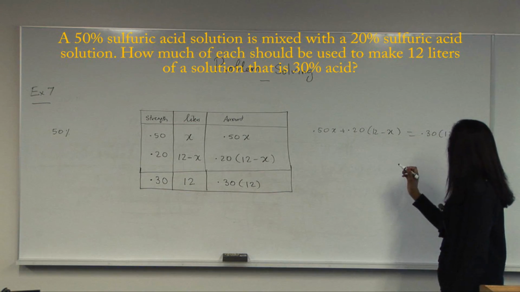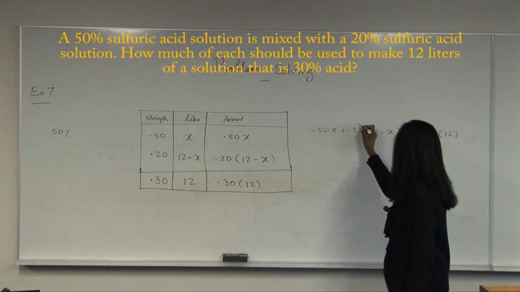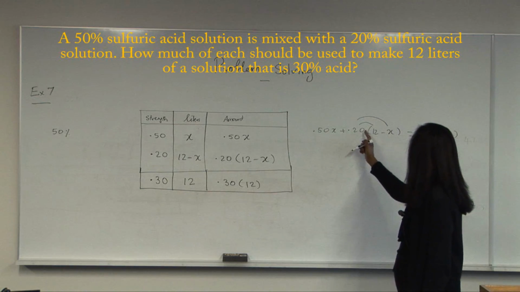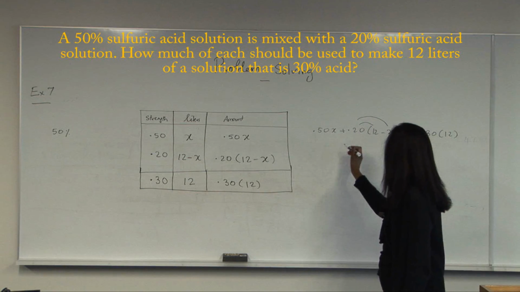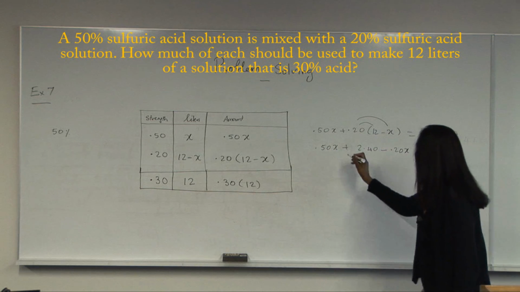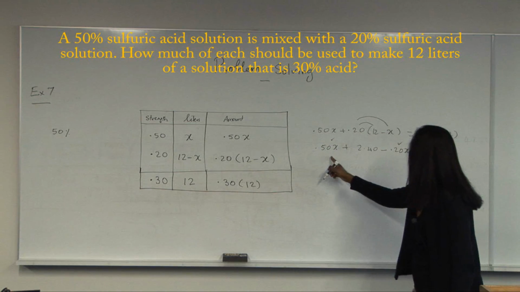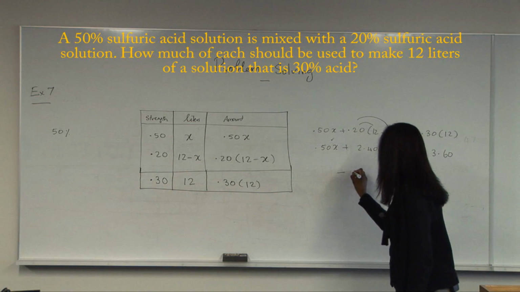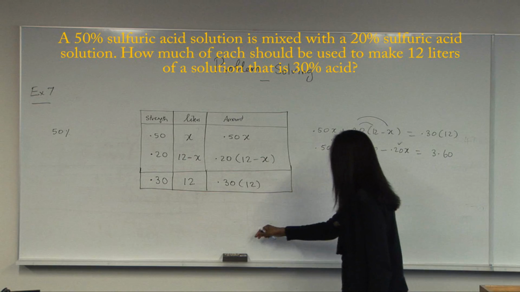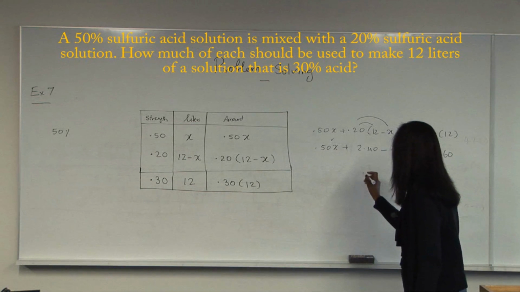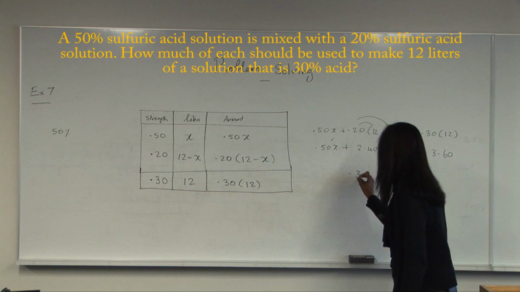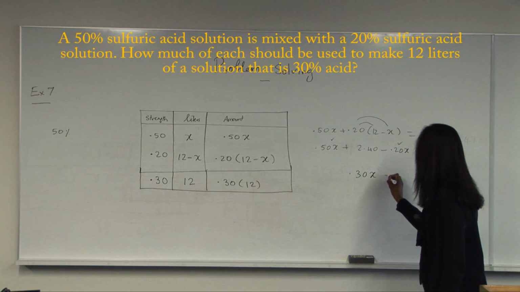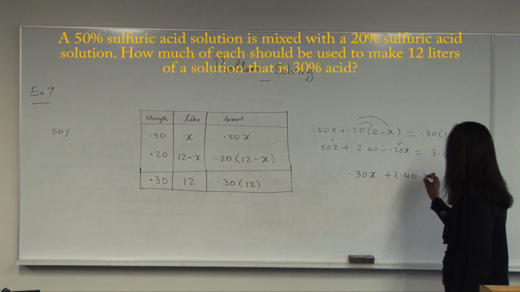So now let's solve this problem. Here we have to distribute, of course, because you have two terms inside and this is a common factor, so we have to distribute. Combine these two x terms. So 0.50x minus 0.20x is 0.30x. Correct? 0.5 minus 0.2 is 0.3. And then we have this. Let me write one more step here.